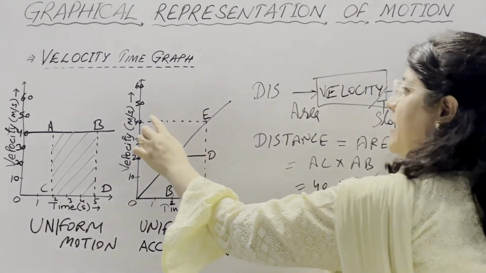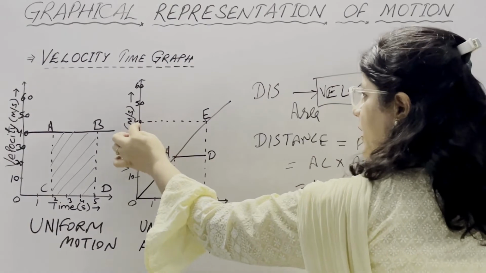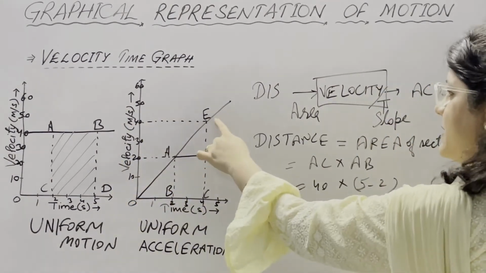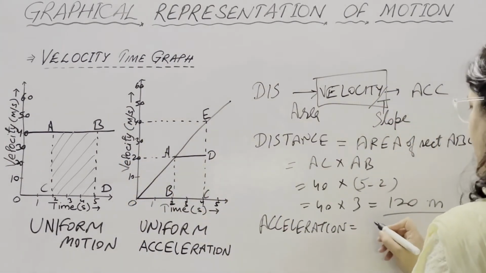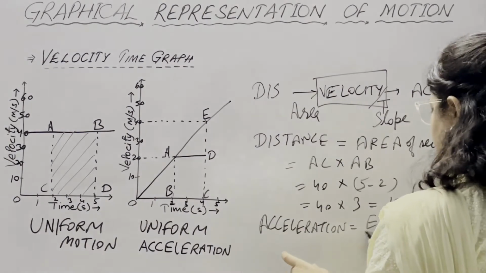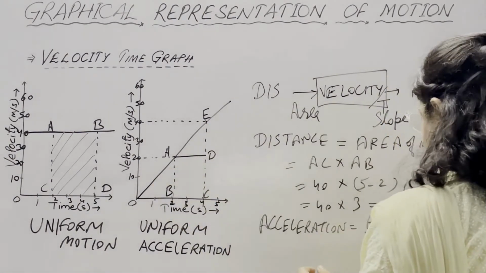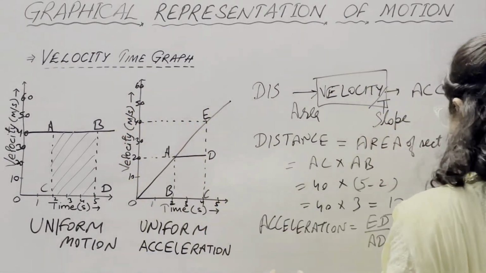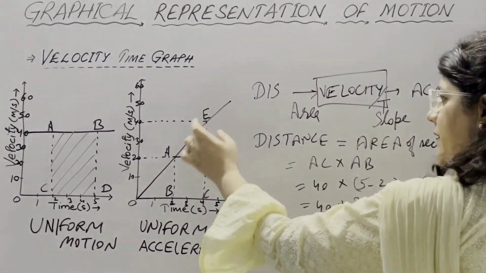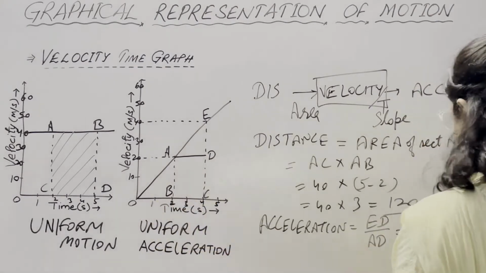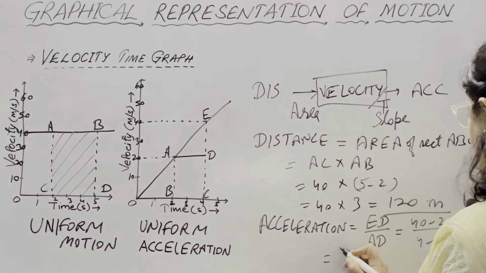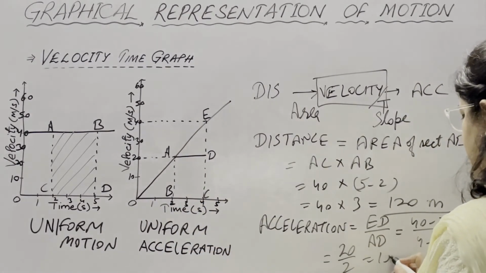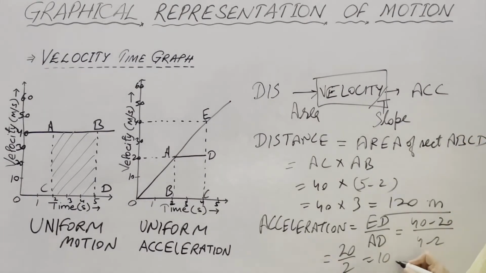The y-axis portion is 40 minus 20, which is ED, upon AD. ED is 40 minus 20 and AD is 4 minus 2. So it is 20 upon 2, which comes out to be 10. Because this is acceleration, the unit is meter per second square.